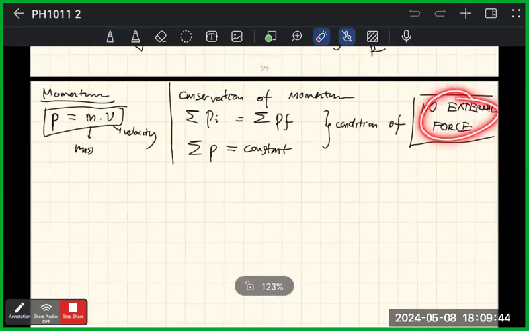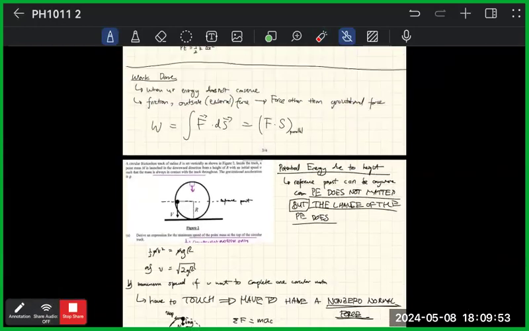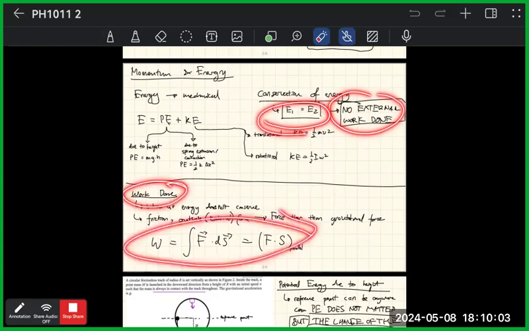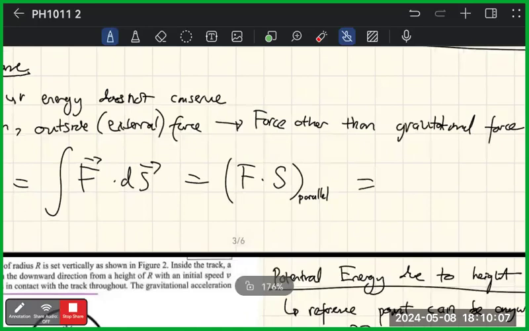Just as in momentum, when you have no external work done, the energy is conserved. But if you have work done, the work done is equal to the change of E.